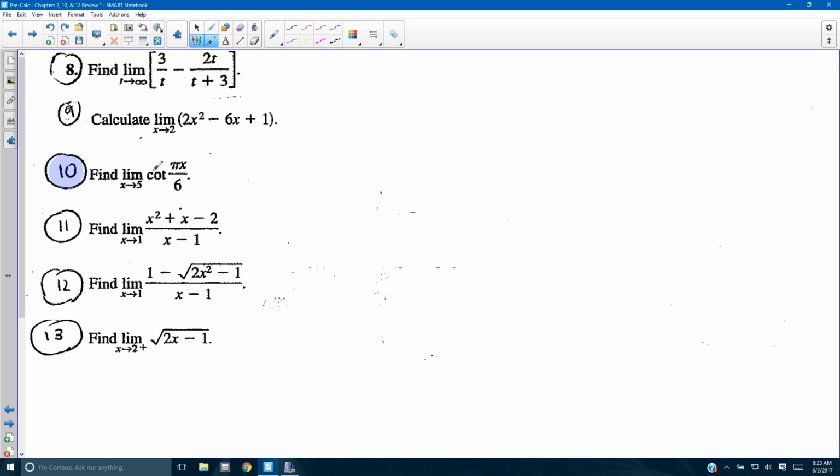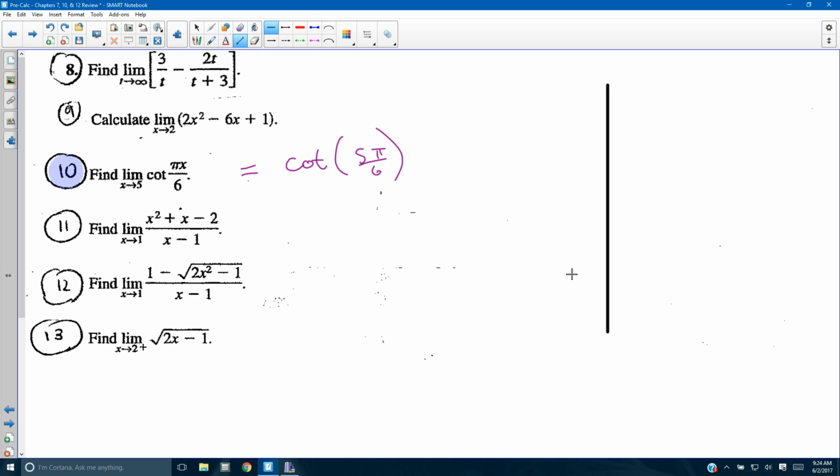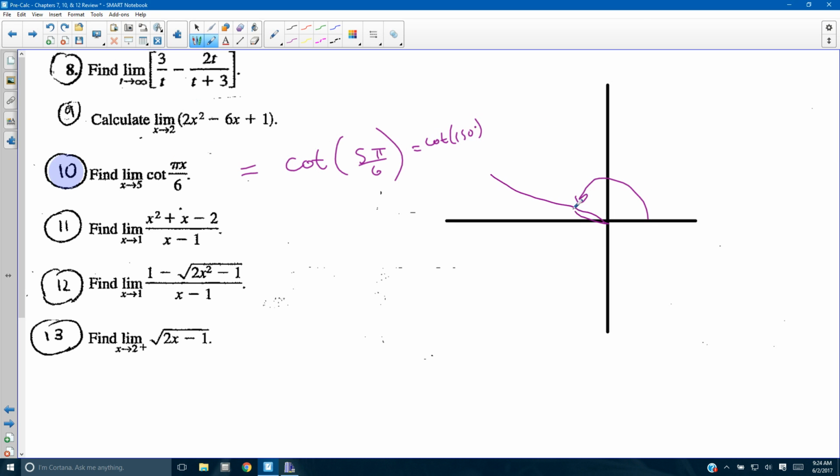Number 10, find the limit as x approaches 5 of pi times the cotangent of pi times x over 6. This equals the cotangent of 5 pi over 6. That brings us back to chapters 4 and 5. 5 pi over 6 is 150 degrees. 150 degrees is over here with a 30-degree reference angle, in the second quadrant, right there.